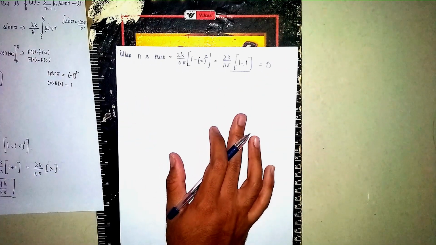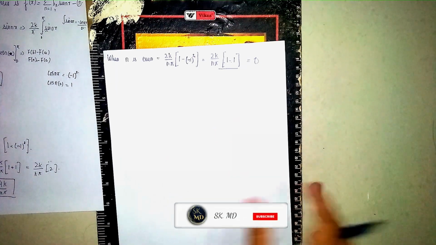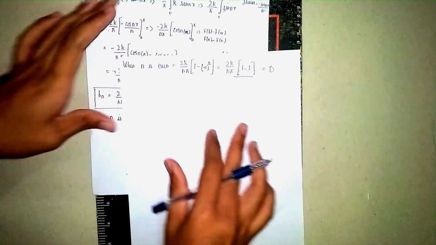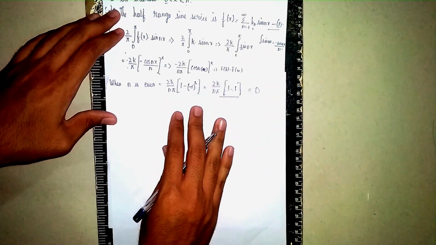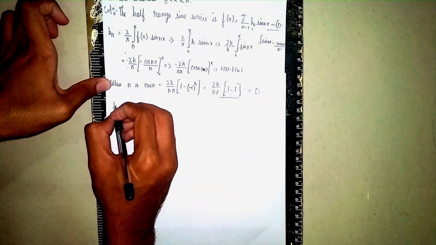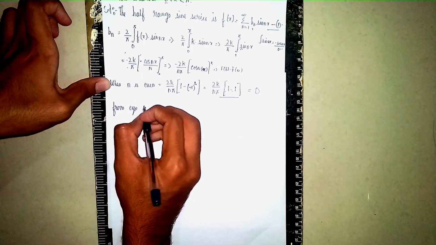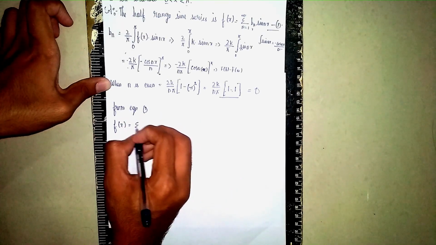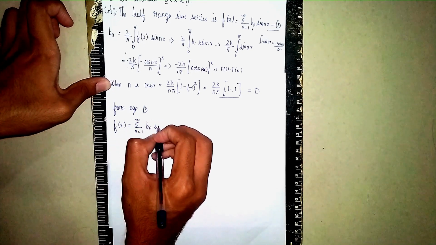Now you have to write the general equation and substitute the value of bn which we found when n is odd, from equation 1. So f of x is equal to summation n is equal to 1 to infinity bn sine nx.